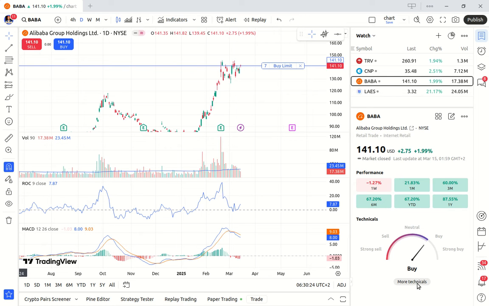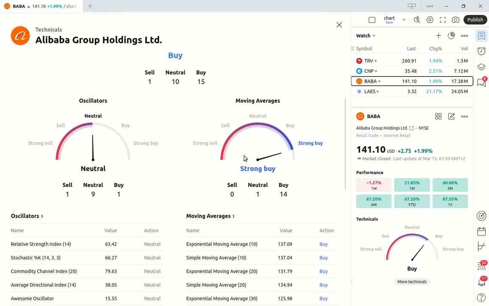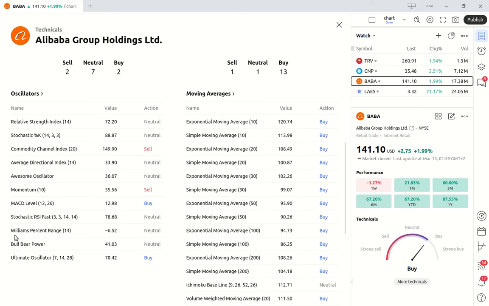I came to the technical side here, and then I looked at the daily chart pattern. Now on the daily pattern, you could see the moving average is very strong, but then the key to this one was I looked at the MACD level, which gives you a buy signal.